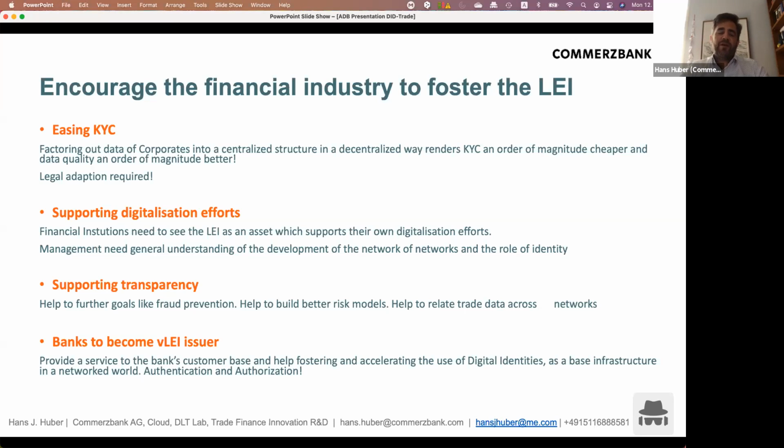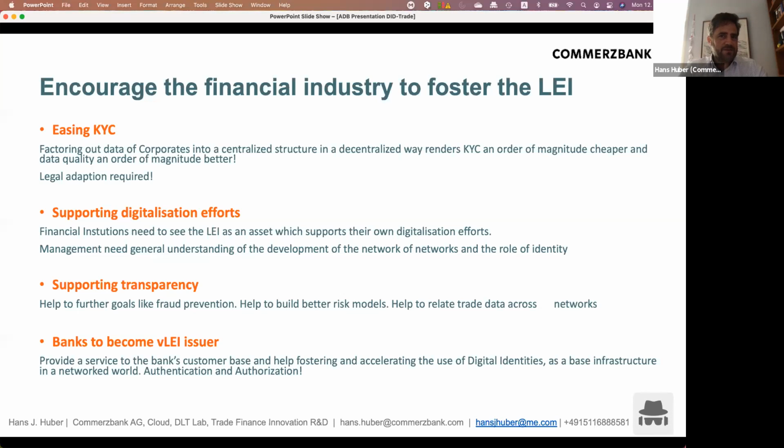If I look at what the LEI could do for the financial industry, I'm surprised that there is reluctance in adopting it, and that the banks have not been pressing a lot more on the adoption of the LEI among their customer base, because for the financial industry, the prospect of having a clear and globally unique identifier for the entities that they're dealing with is so great.